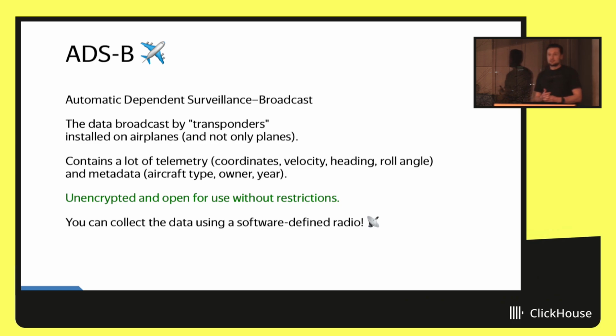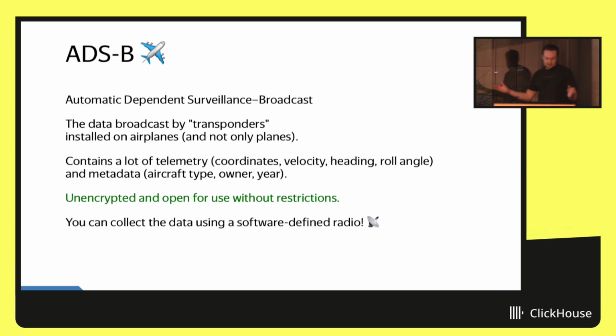All passenger airplanes have to provide this data. Military airplanes also typically provide this data when they are not on operation, when they just fly from one place to another. They typically have transponders enabled. And this data is unencrypted.